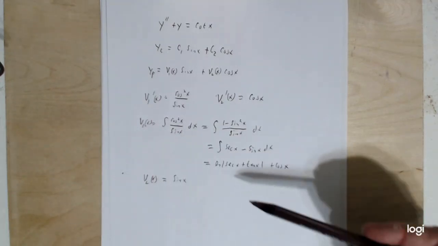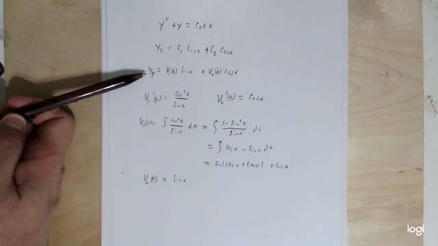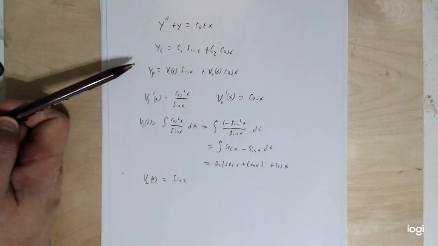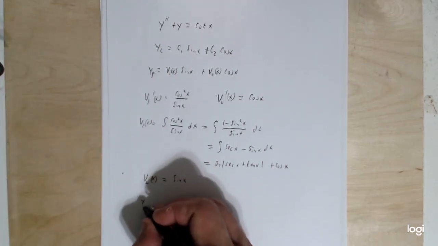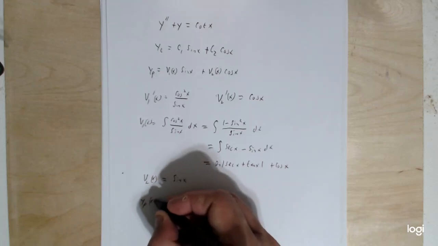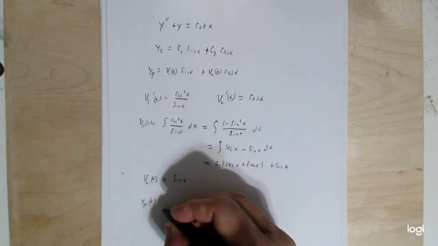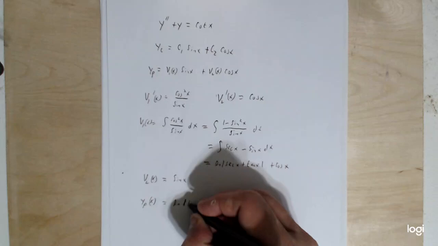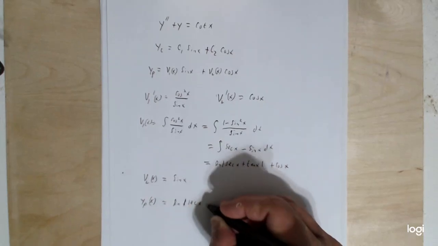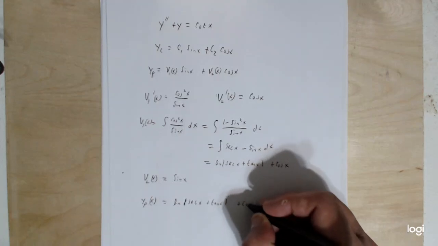We then take these two and we plug them back into our formula for y sub p. So my particular solution in this case is going to be v1 of x, which is our nastier one, ln of secant of x plus tangent of x plus our cosine of x.